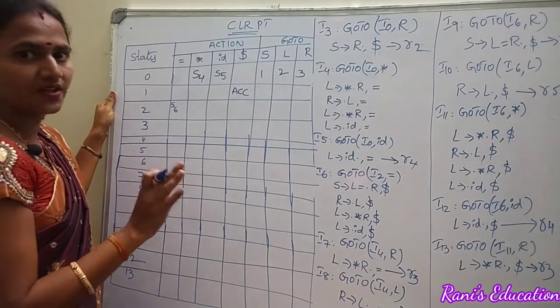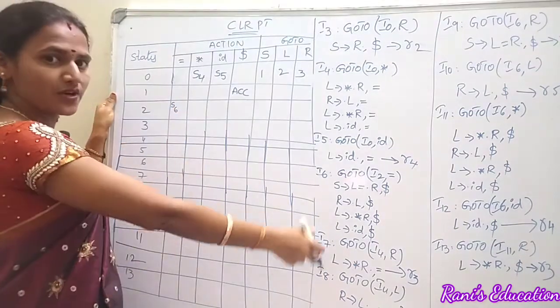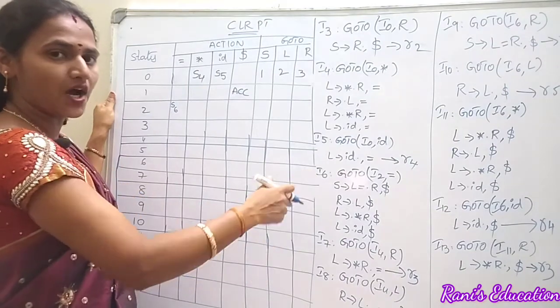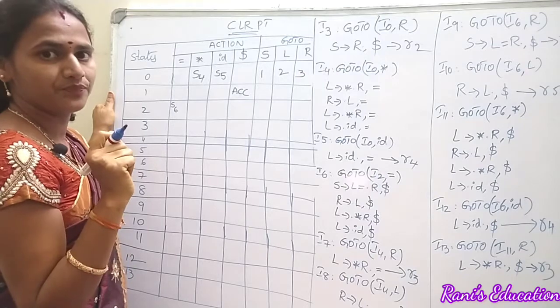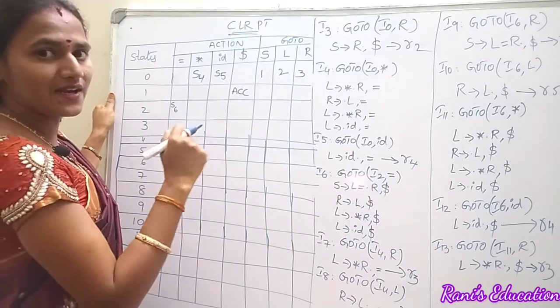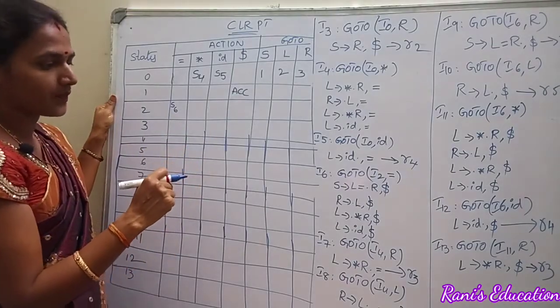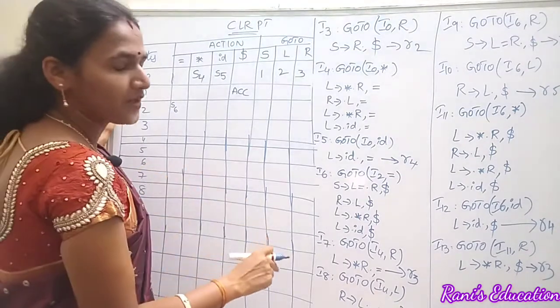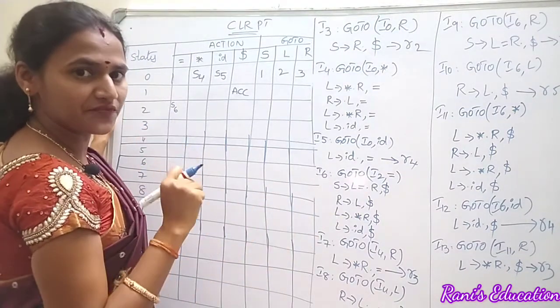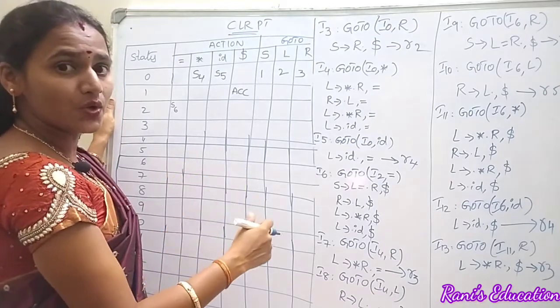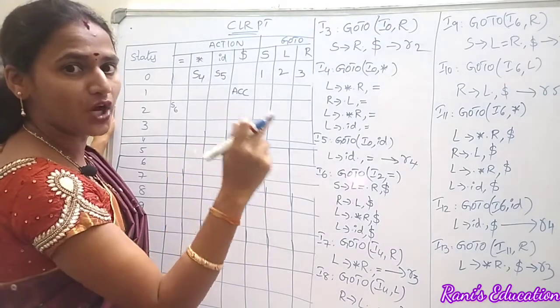Clear? We have done the shift action. Move on to the reduce action in the same item, R derives L dot, whose look ahead is dollar. What is the reduction number for that production? That is R5, isn't it? What is the look ahead for that reduced production? Dollar.